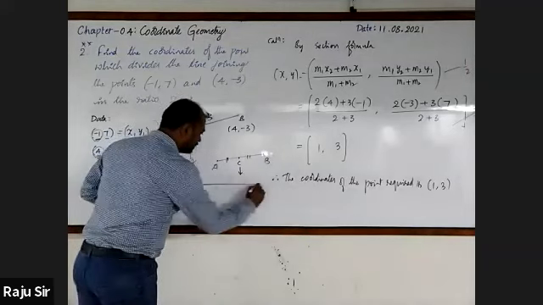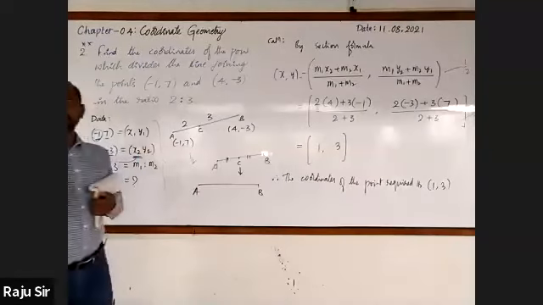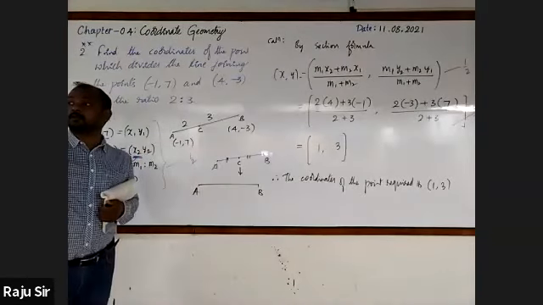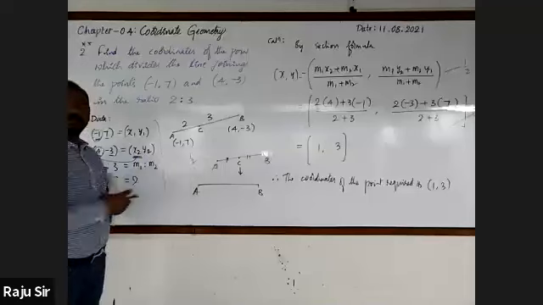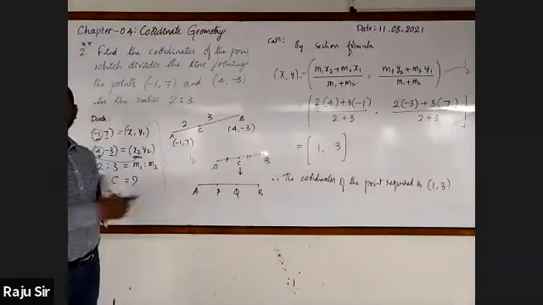Suppose a line AB should be divided into 3 equal parts. Then how many points should be there? 2 points. I made these P and Q. What do you call P and Q with respect to this line?